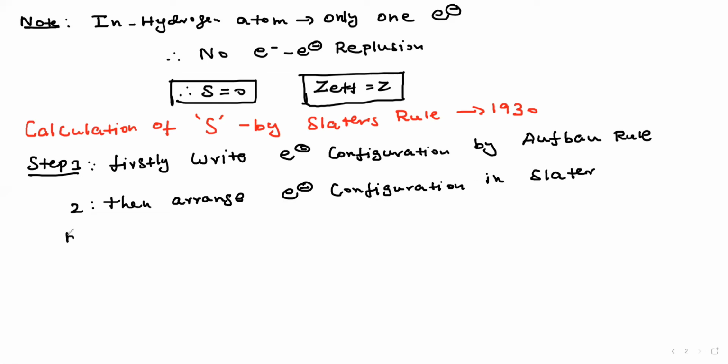Now I'm going to write the configuration for example. Please note. You know very well 1s, yes or no, and 2s followed by 2p. And 3s followed by 3p. Then 3d followed by 4s, followed by 4p, followed by 5s, 4d, and 4f.